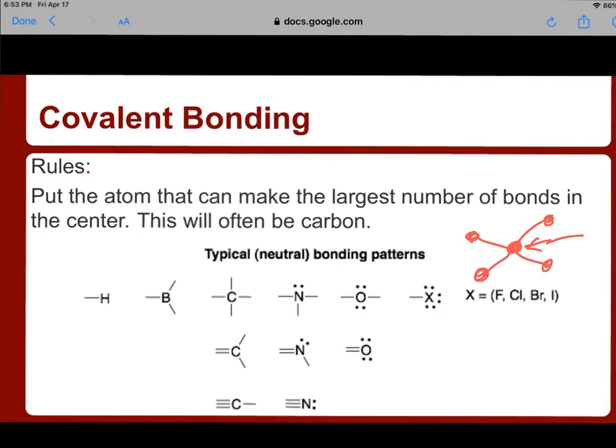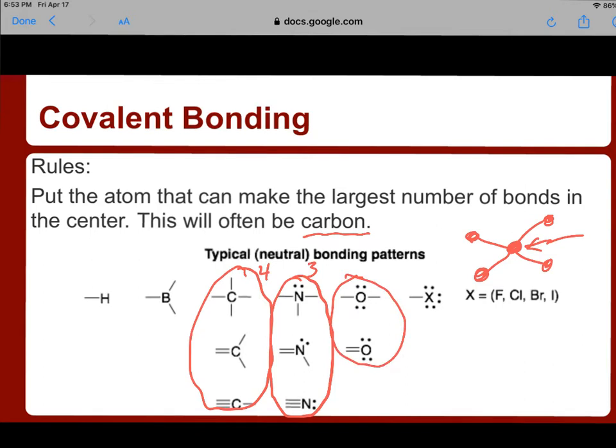The rule is, generally, you put the atom that can make the largest number of bonds in the middle. A lot of times that's going to be carbon, because carbon can make 4 bonds. If you don't have a carbon, nitrogen can make 3 bonds, so can phosphorus, so that might be a good choice. If you don't have either of those, oxygen and sulfur can at least make 2, so maybe you'd pick that.